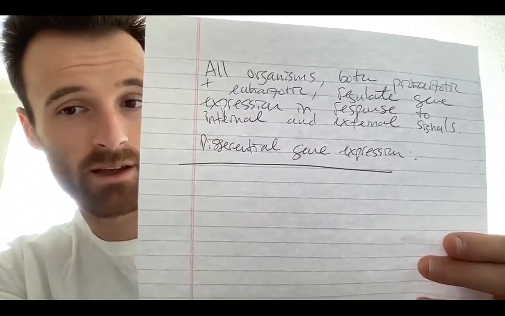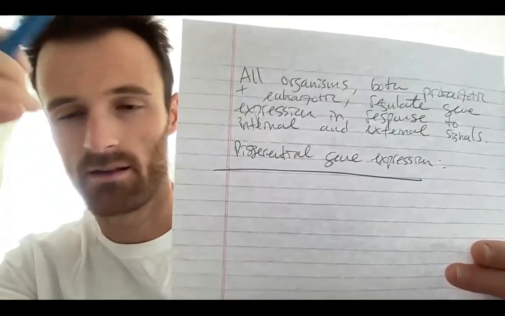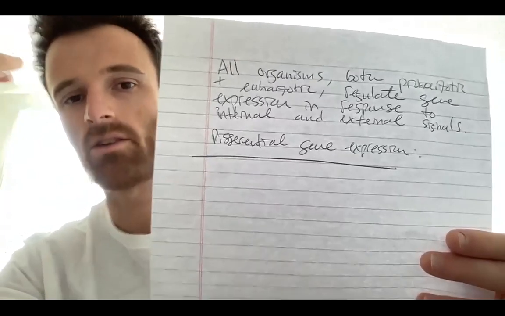That different genes are being expressed in a brain cell than a liver cell, than a kidney cell, muscle cell, etc. So differential gene expression refers to, let's write, in multicellular organisms with specialized cell types.